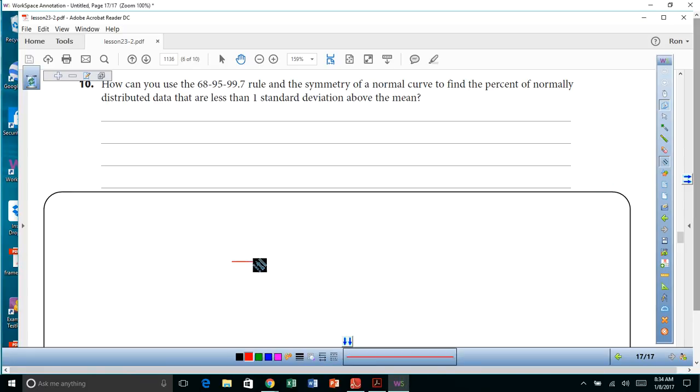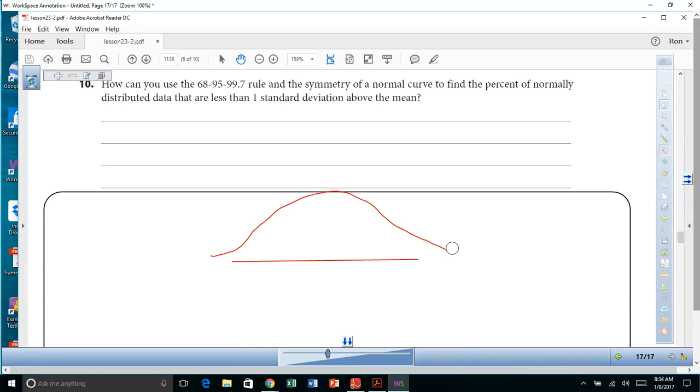Let's draw us a little curve here. I'm hoping that the more of these curves I draw, the better I get. But I've been drawing them for years, and anywho, all right.